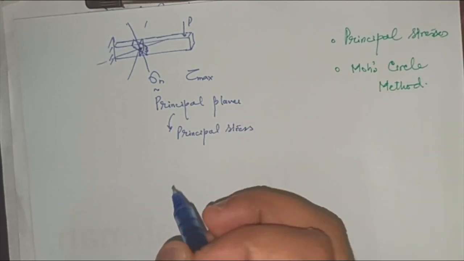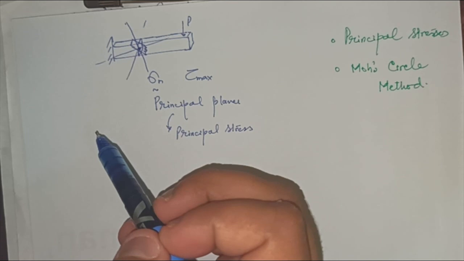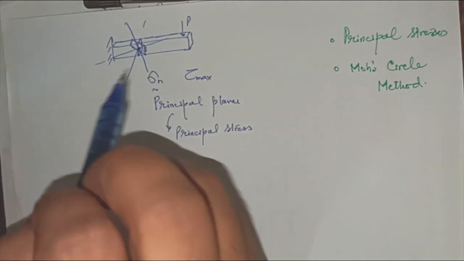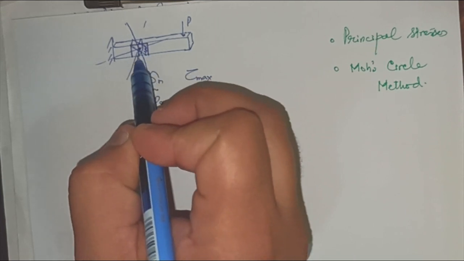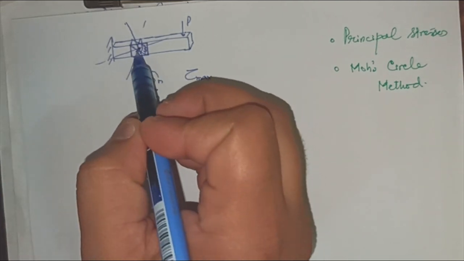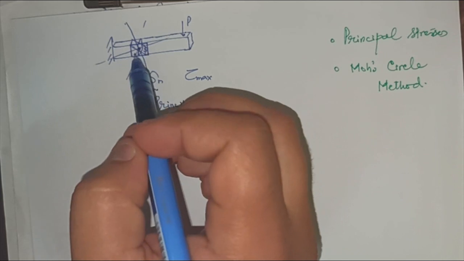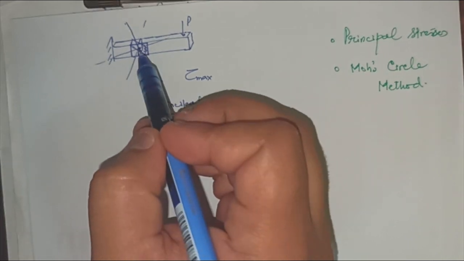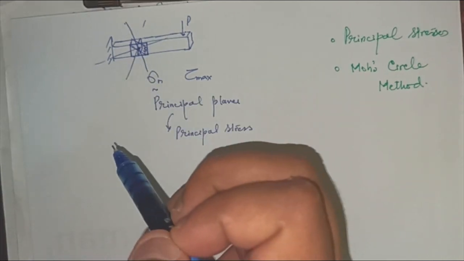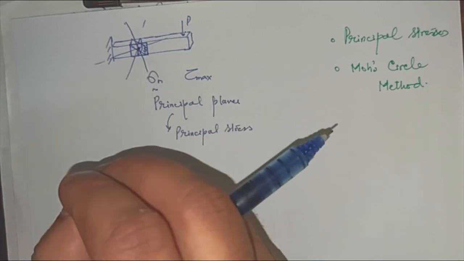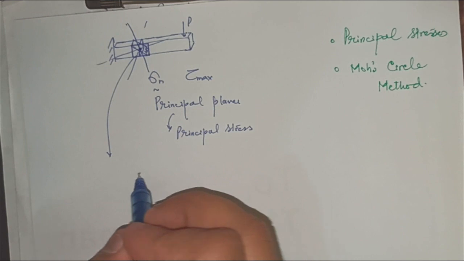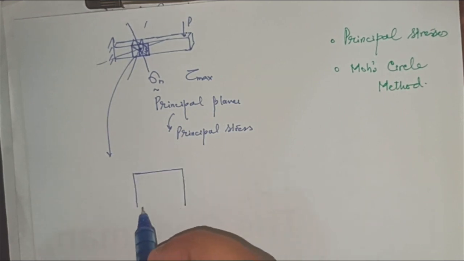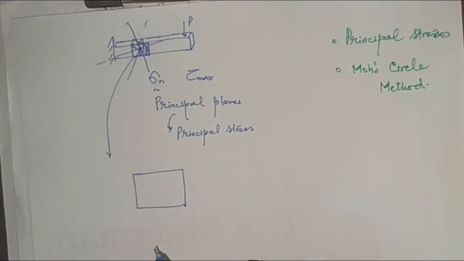Rather than obtaining this in a 3D fashion, let's consider first of all a 2D example. Let's consider a plane like this, having a point P, and we require to obtain the stresses on this. So this point is enlarged. Let's take out this plane, and we are interested in knowing the stresses on this plane.